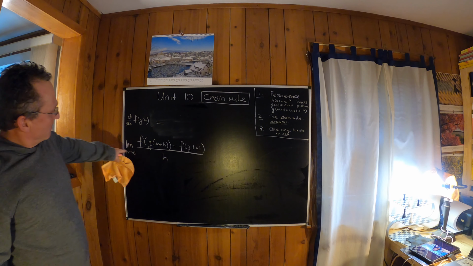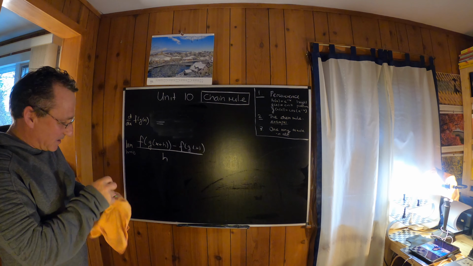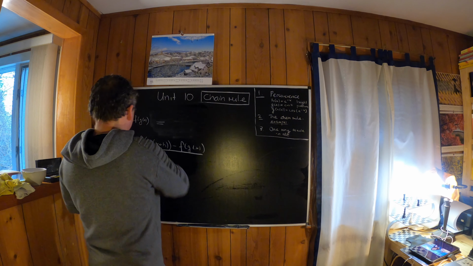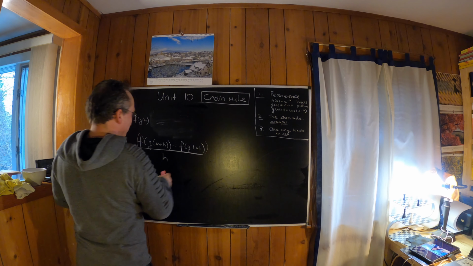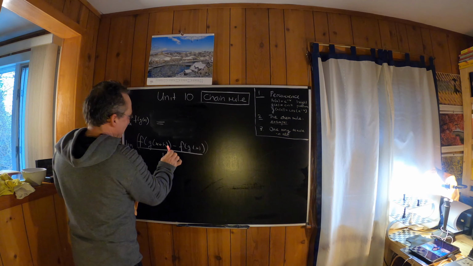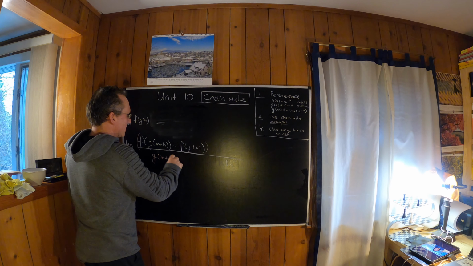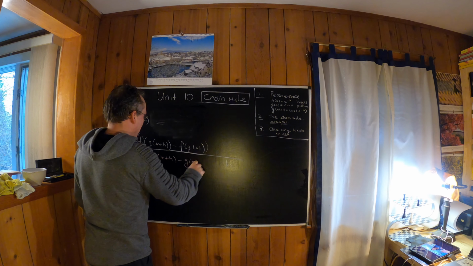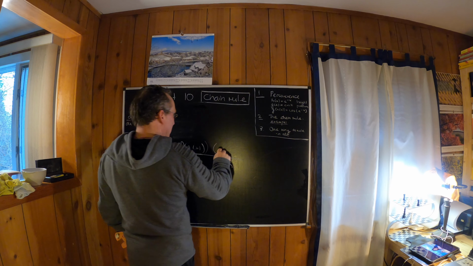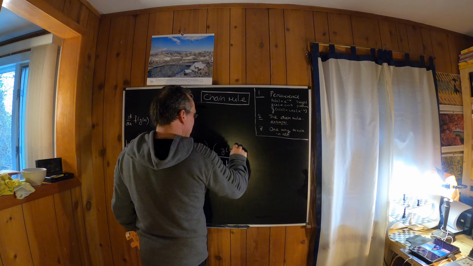So let's just see what we actually get here. We can now modify this and just multiply and divide by the same thing. What I can do is I can multiply by g of x plus h minus g of x, and I divide it by g of x plus h minus g of x.